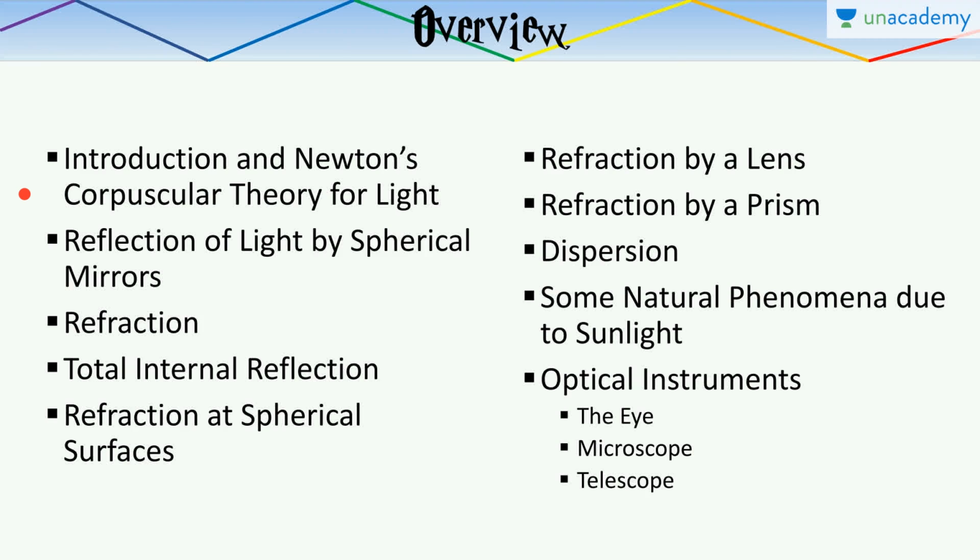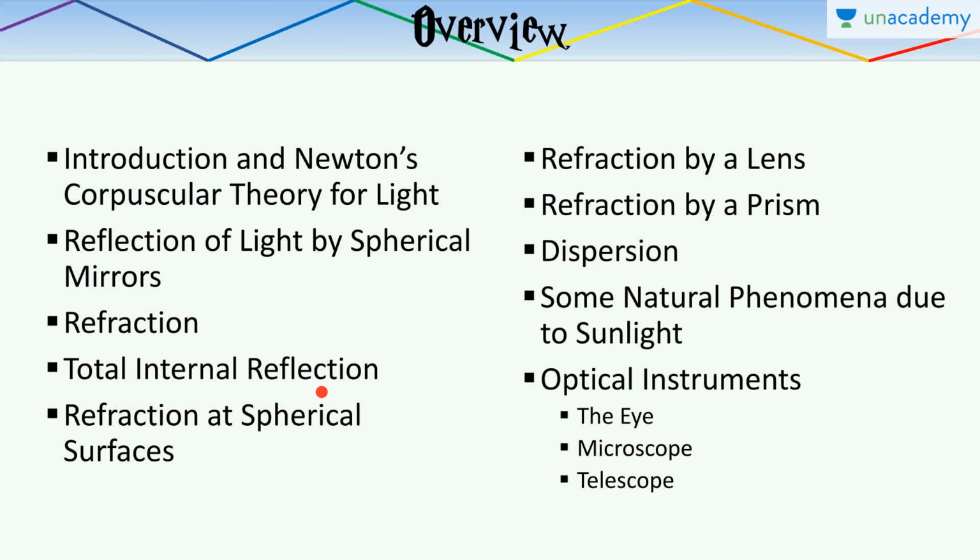Using that theory, we are going to study different phenomena, that is, reflection of light by spherical mirrors, refraction in general, total internal reflection, which is a very crucial concept used widely in fiber optics and other related objects, where fiber optics is an important part in endoscopes, which are instruments used to physically see into your internal organs by your doctors.